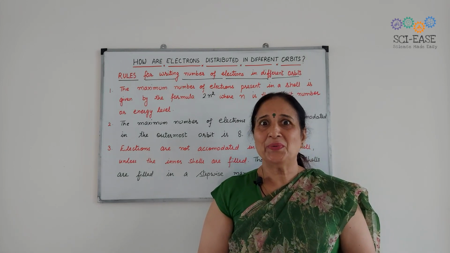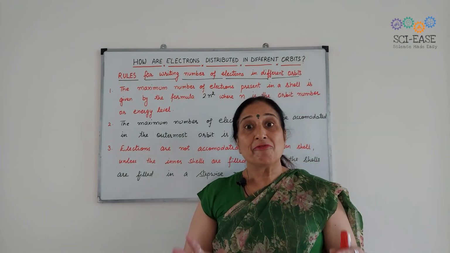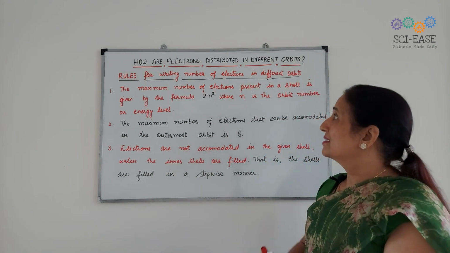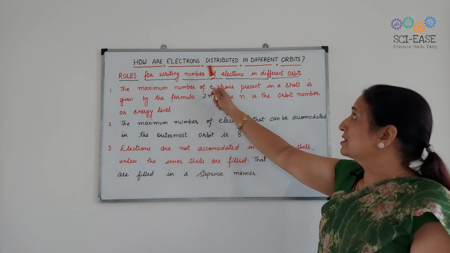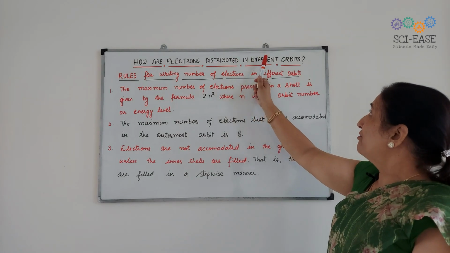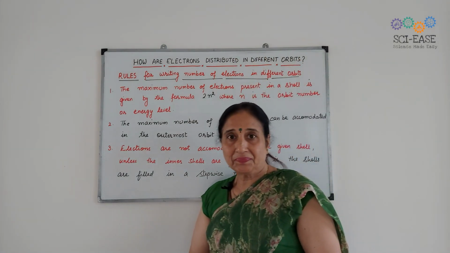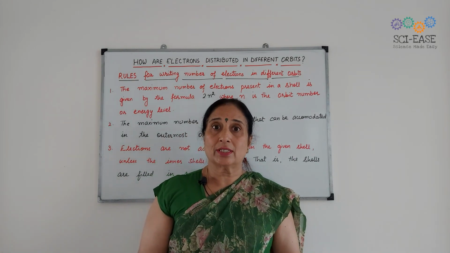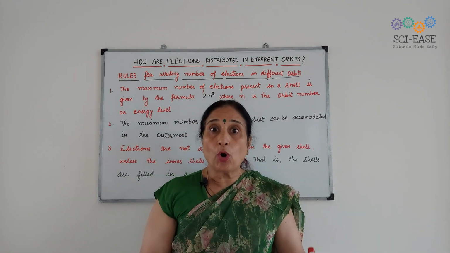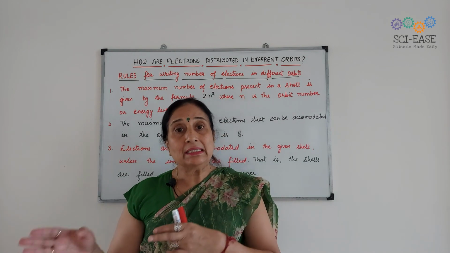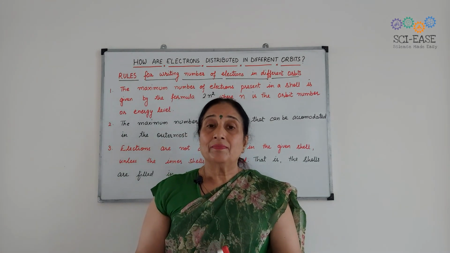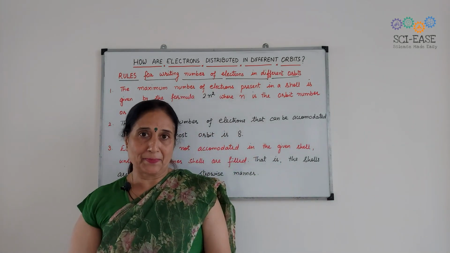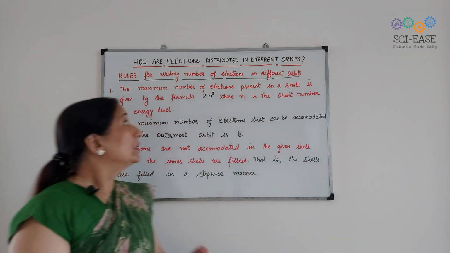In this video, I am taking up a very important topic, and the topic is how are electrons distributed in different orbits. The distribution of the electrons in different orbits or energy levels is suggested by Bohr and Bury.